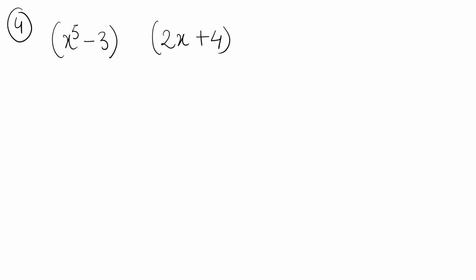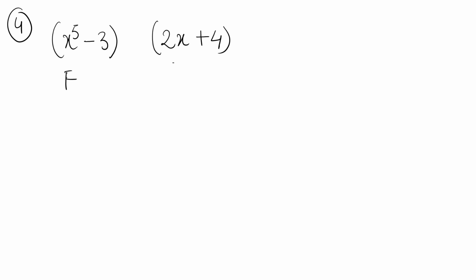Now we are going to solve our last example of the product of binomials. (x to the power 5 - 3)(2x + 4). We are going to solve this binomial product with the FOIL method.